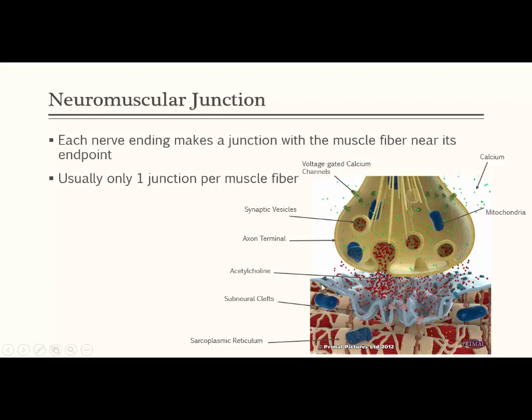The muscle fiber then has a sarcolemma, which is going to contain acetylcholine receptors. And here we have receptors that you can see on the sarcolemma. So the acetylcholine diffuses into these clefts in the neuromuscular junction.